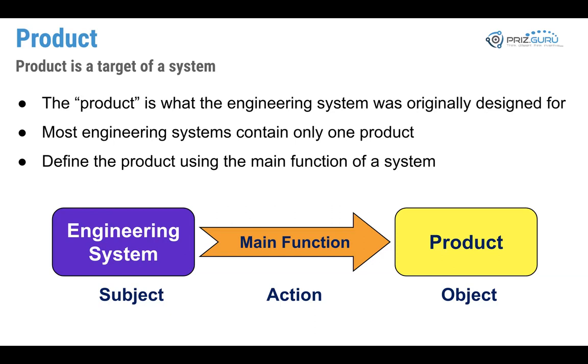So in this case, the whole engineering system that we're analyzing changes a parameter of the human being, for example, and the parameter is his location or his speed, or if that car is some cool Ferrari, it makes him happier to drive that car. Whatever the function of that particular car, that becomes a product.